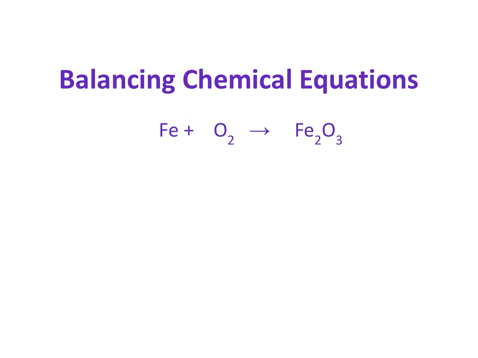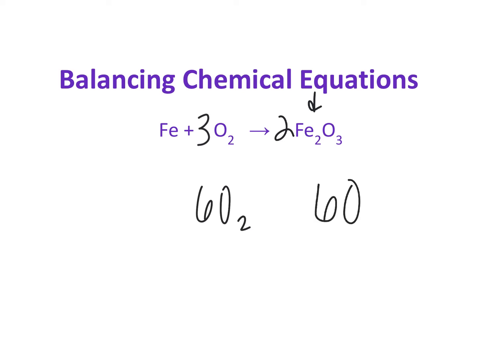Alright, so let's try this one together. So I've got my iron and my oxygen, and then I've got my iron 3 oxide on this side. I see that I need to multiply 3 over here and 2 over here to get my oxygens to be the same. So I have 6 oxygens over here.